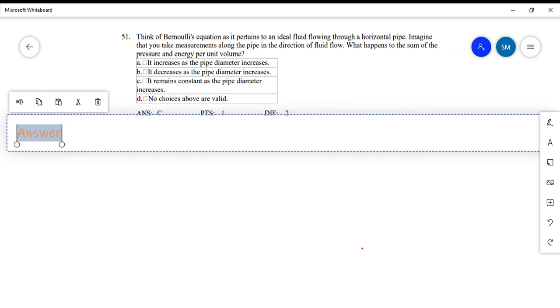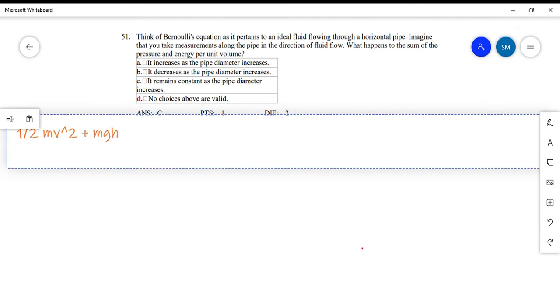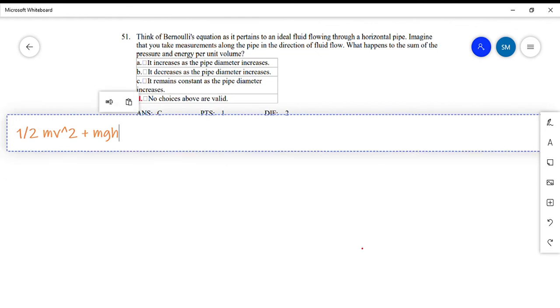So the energy here is the kinetic energy, which is half mv power 2, plus the potential energy, which is mgh. All of this, he said in the question, per unit volume. Energy per unit volume.